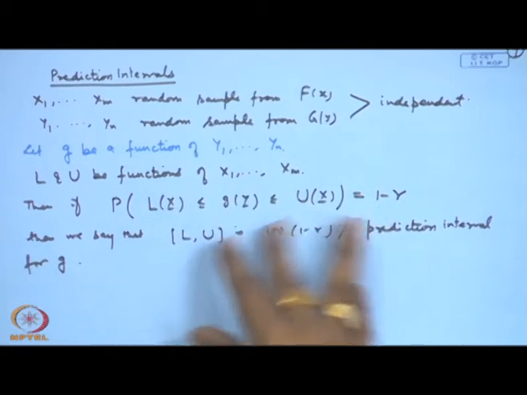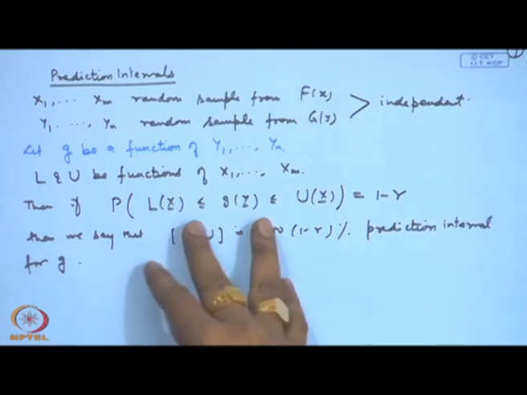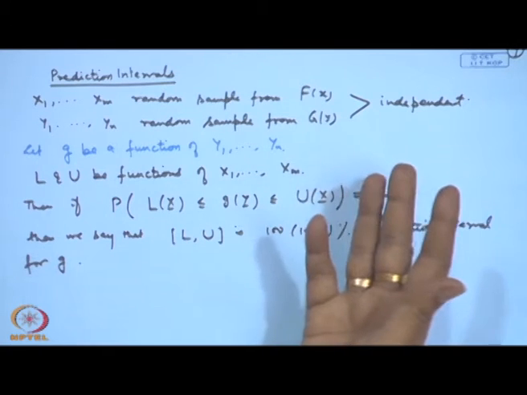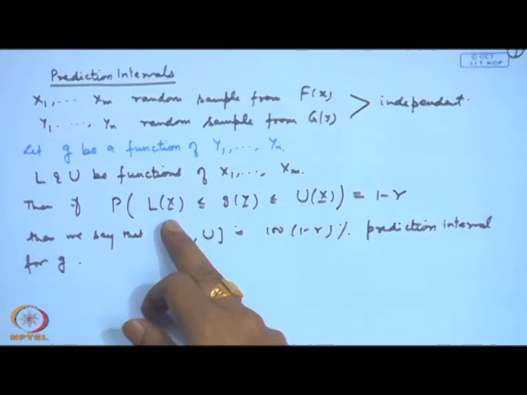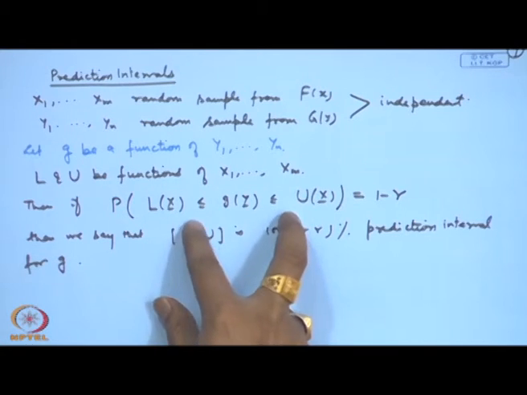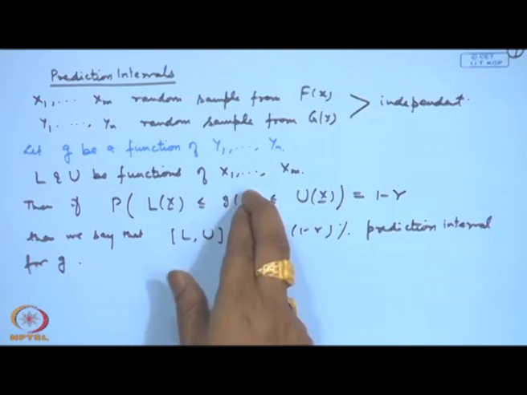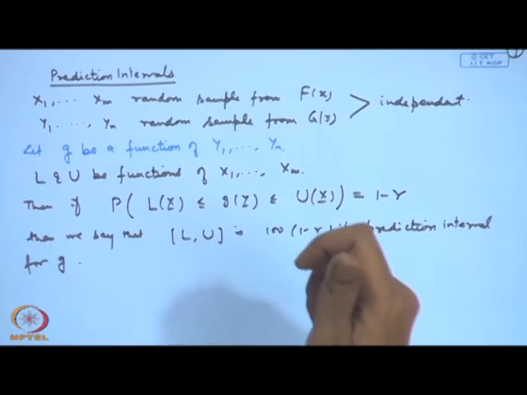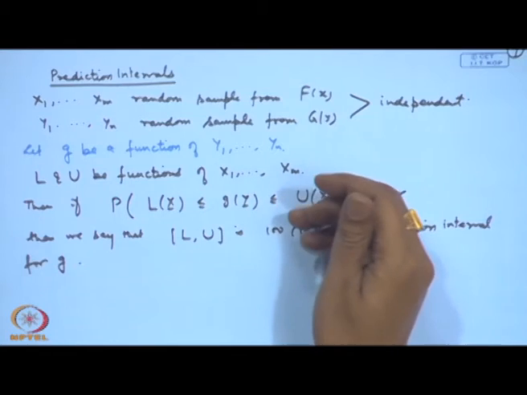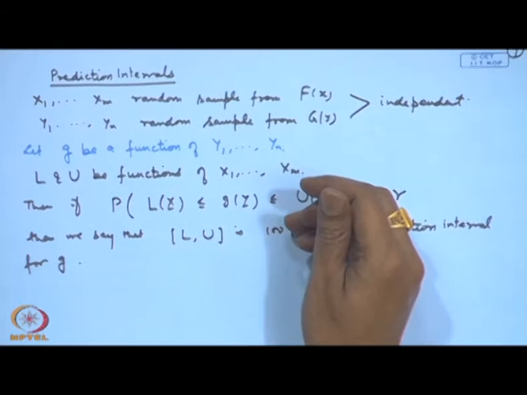In general, there may be some relationship between the two distributions. So, we may be using the relationship to predict the value of a function of the second sample based on the values of the first sample. So, this is basically based on the relationship that is available between the two.